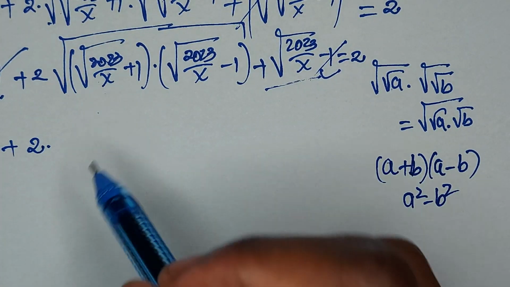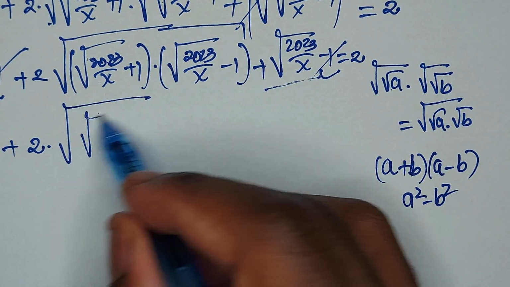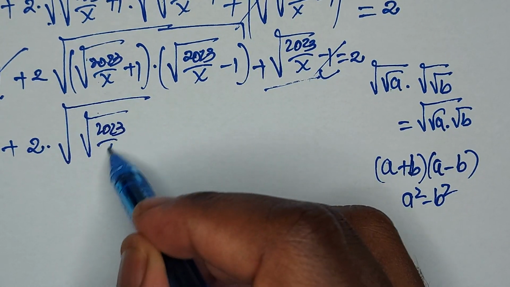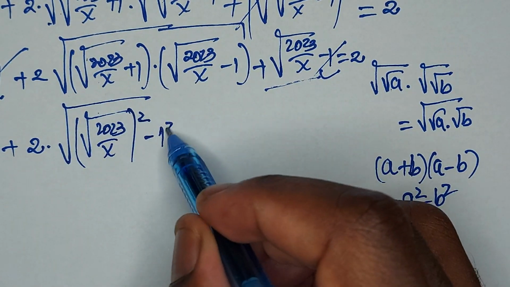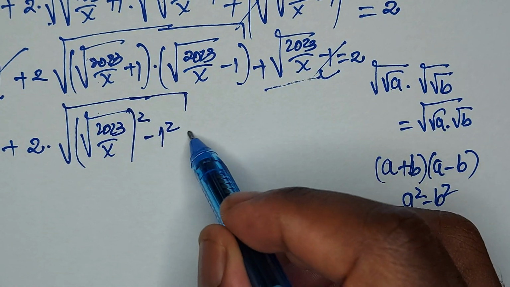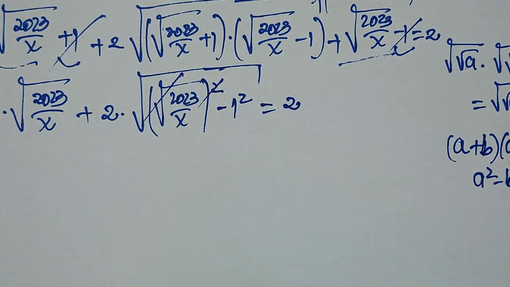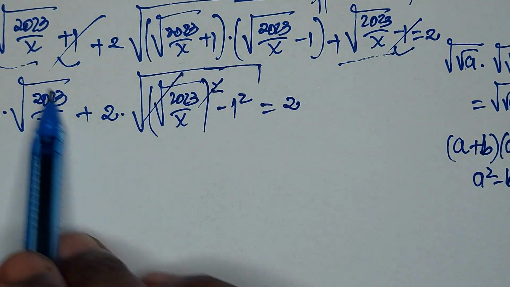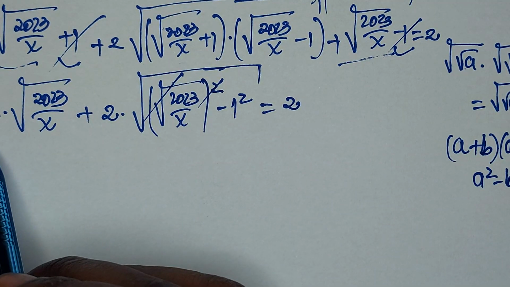So now here we can have the square root of 23 over x squared minus 1 squared, and this is going to be equal to 2.